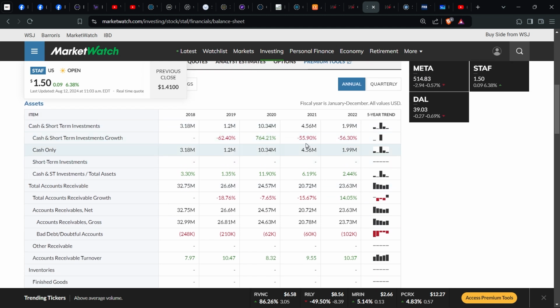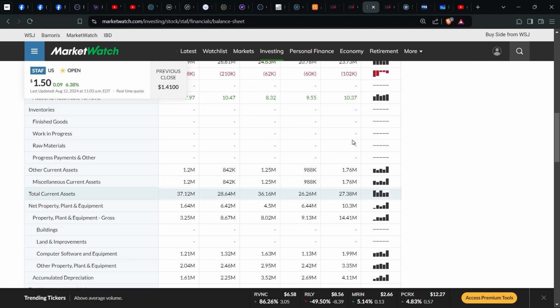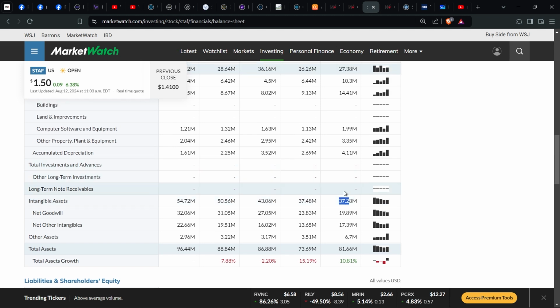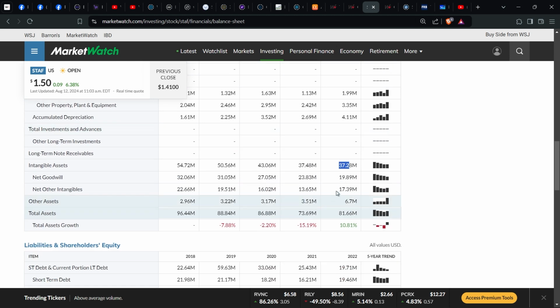You can see here cash and short-term investments. How come you only have $2 million in cash, but your intangible assets are estimated to be $37 million? That doesn't make any sense. Okay, so this is how you check for some shadiness in companies' financials.